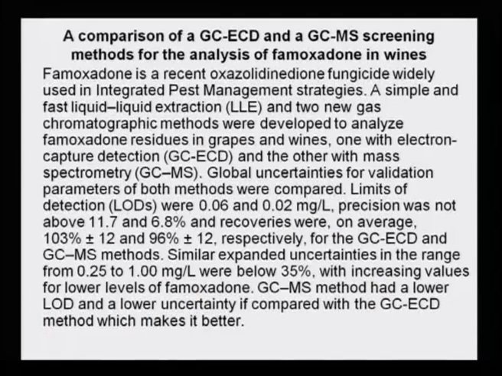For GC-ECD and GCMS methods, expanded uncertainties in the range of 0.25 to 1.00 milligram per liter were below 35%, with increasing values for lower levels of famoxadone. The GCMS method had a lower limit of detection and lower uncertainty, as you could see from the results given above, if compared with the GC-ECD method, which makes it better.